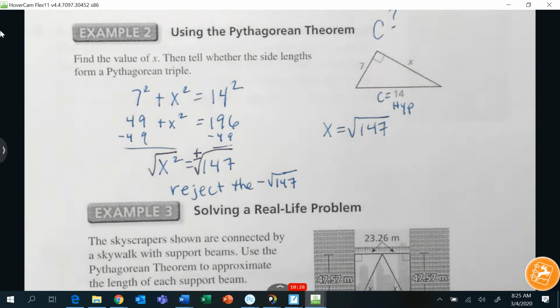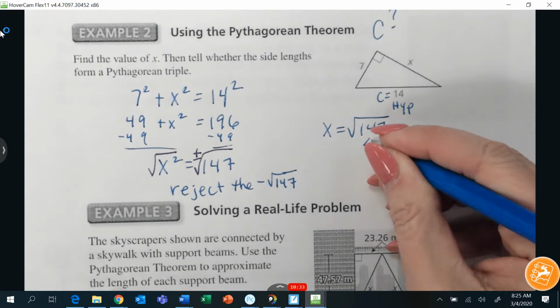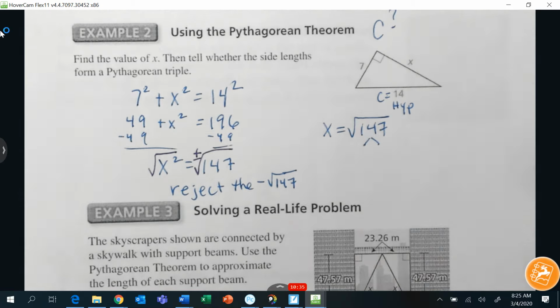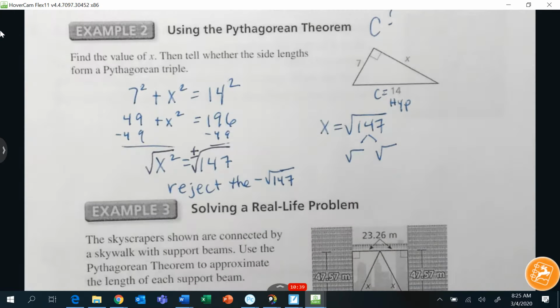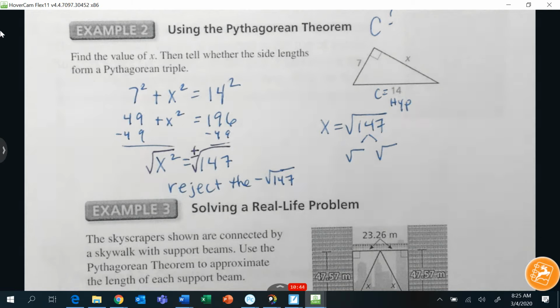But can we simplify 147? Is there a perfect square that divides out of the square root of 147? Not sure? Do you know? 7 and 21 makes 147, but I want either the number 7 or the number 21 to be a perfect square, which they are not.